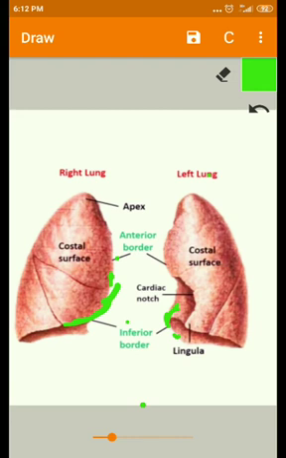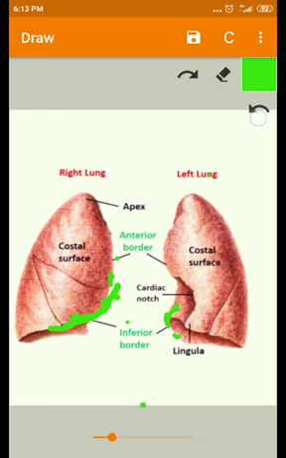The base is the concave structure below, and that surface is separated from the costal surface and the medial surface. So the medial surface and the costal surface are separated from the base because of the presence of this inferior border. Okay, this is about the inferior border.